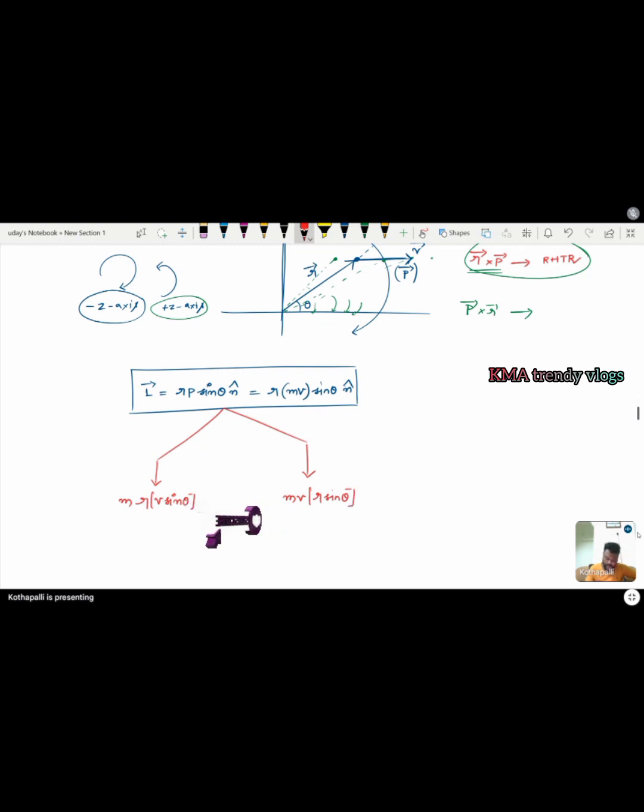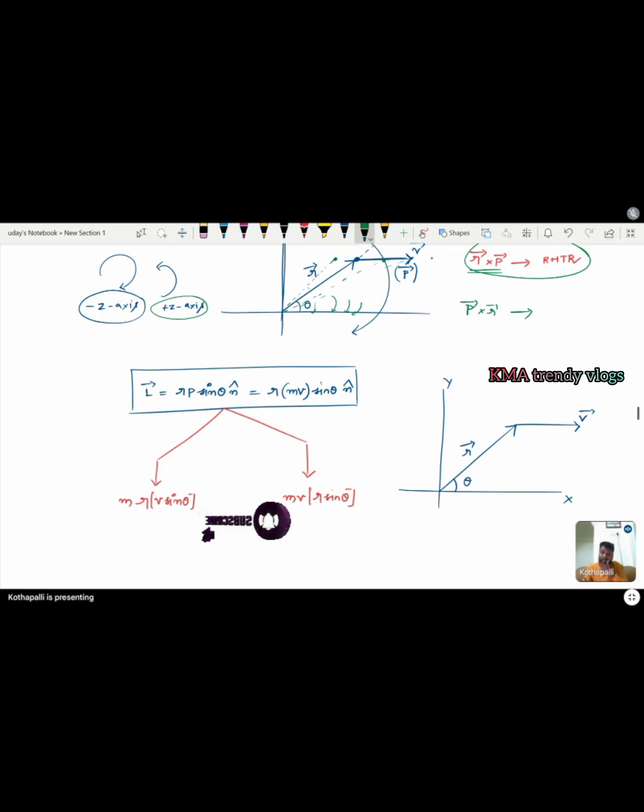What do these two expressions actually mean? Let us see. Take the situation at any instant: the position vector, and at that instant the velocity vector. This is the r vector. This angle, let's say theta. This is the x-axis and this is the y-axis.